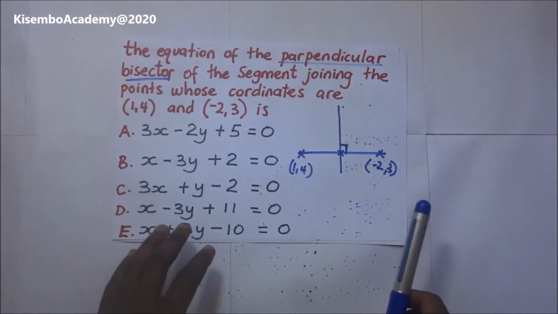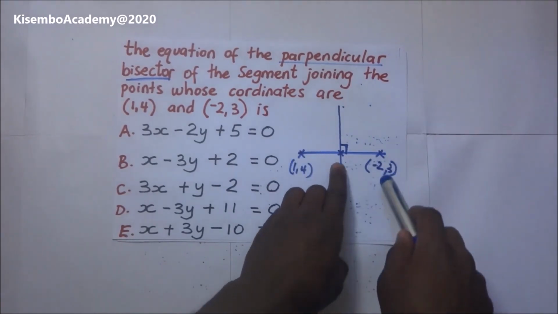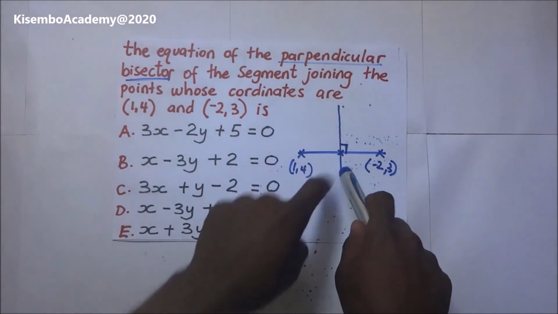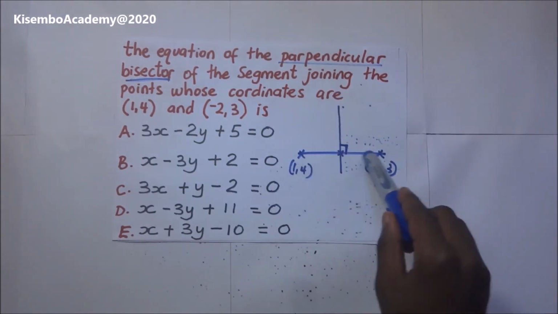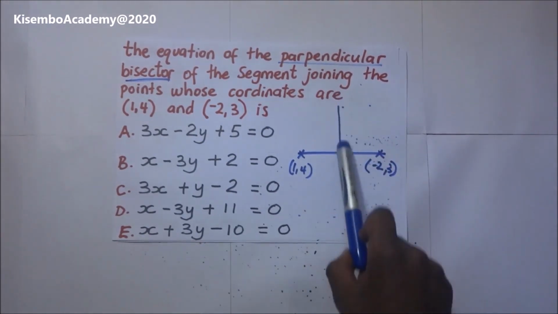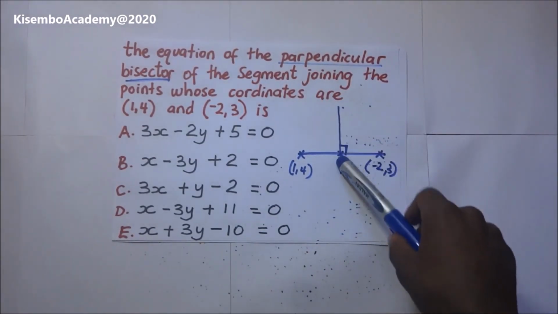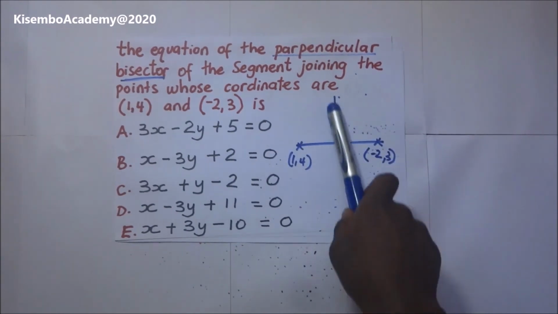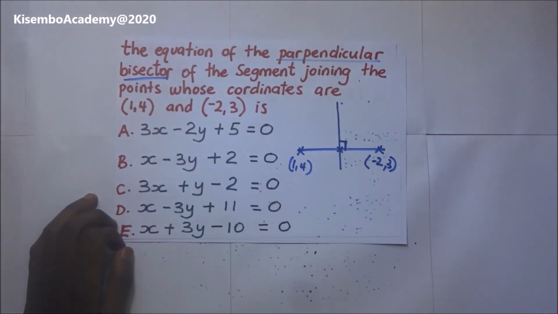Second, because the perpendicular bisector is bisecting this line, it passes through the midpoint of these two points. So we first get the midpoint, then find the gradient of this line, so that we can find the gradient of the perpendicular bisector, and from there we shall be able to find the equation of this line.